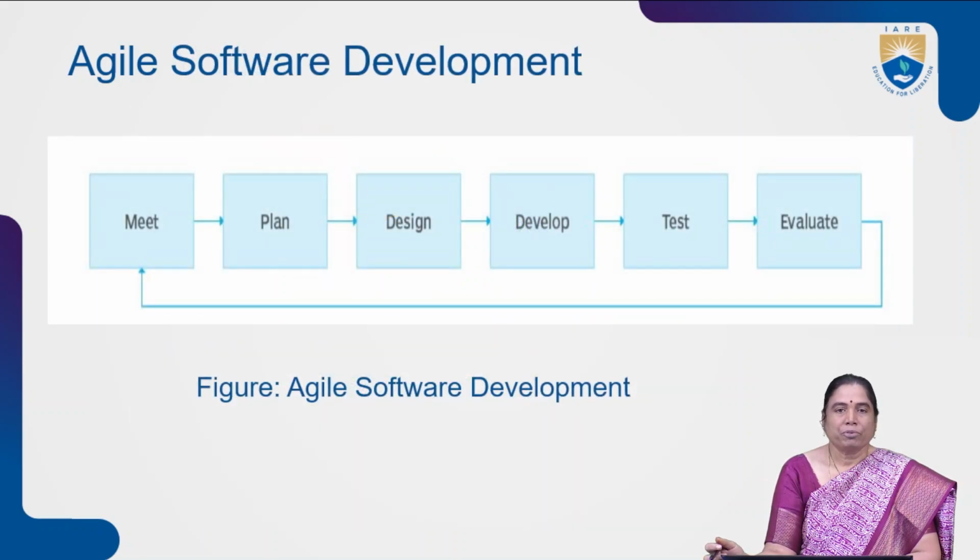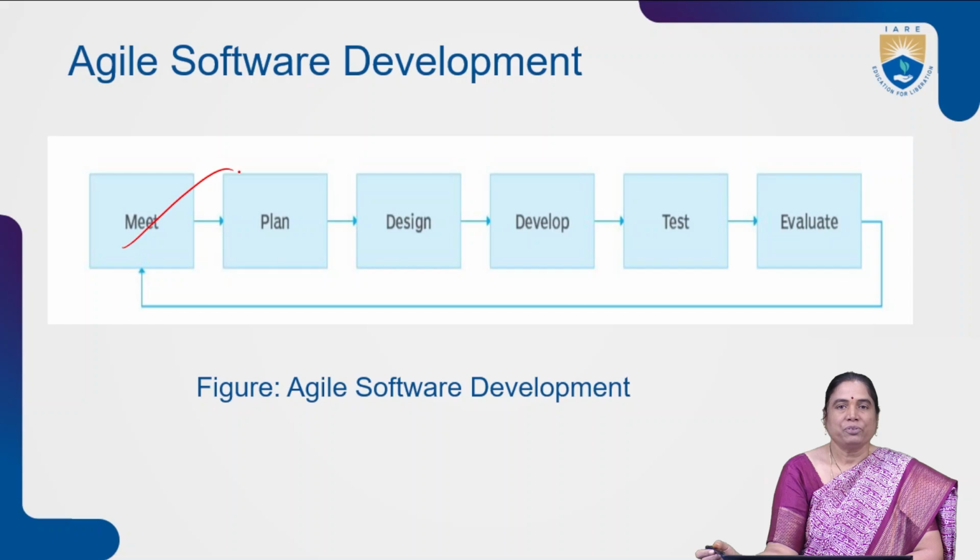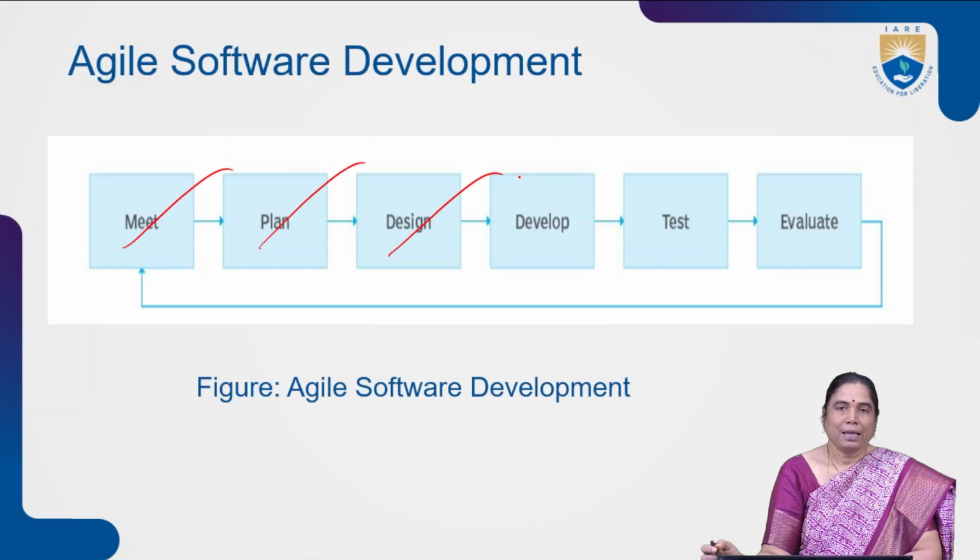Agile software development majorly consists of these phases. The meet phase is used for major communication purposes like requirement gathering, feasibility study and prototyping. Plan is for the budget, resources and teams. Design is used to model or visualize the features of the software. Development is used to develop the source code.